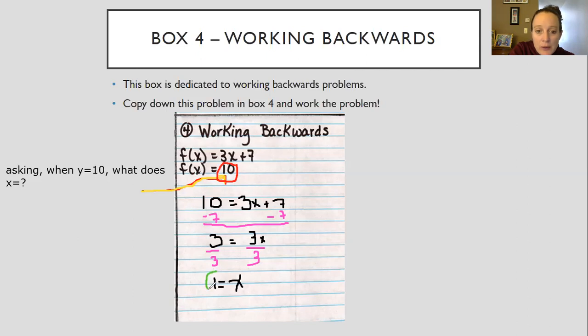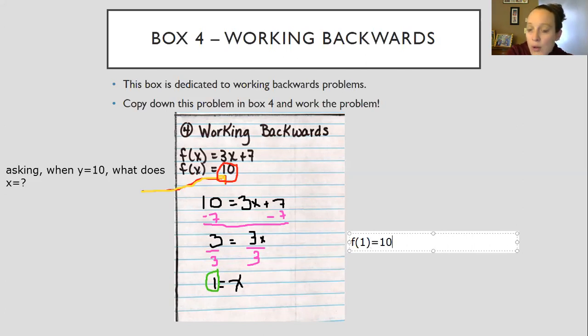Okay, that's my green. Notice on this working backwards, I started with red and ended up with green. I started with the output and came back to the input. Okay, so one last, what does it mean? This means f of 1 equals 10.